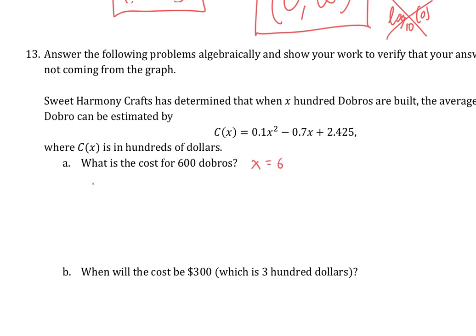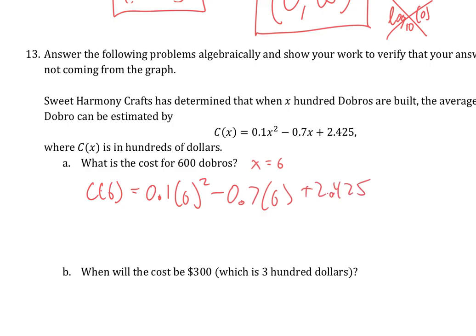Well, we're just going to find C of 6. And so we should write this out. 0.1 times 6 squared minus 0.7 times 6 plus 2.425. And it's a 6, not a 0. If you plug that in your calculator, you'll get $182.50.